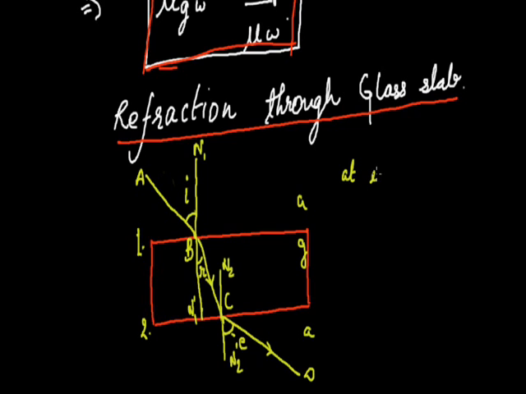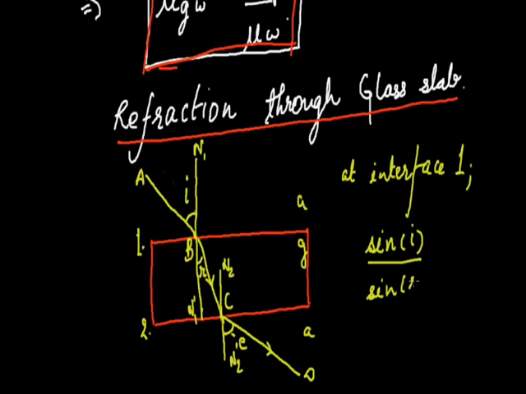At interface 1, by Snell's law, we can write the ratio of the sine of the angle of incidence to the sine of the angle of refraction. This value should be equal to the refractive index of glass with respect to air, and that is equation 1.